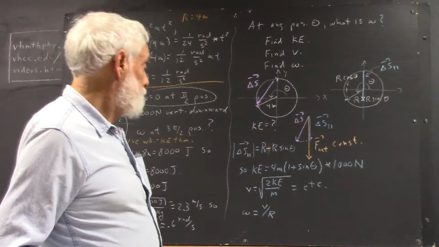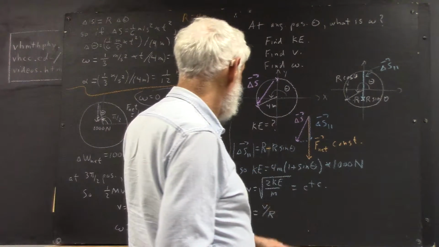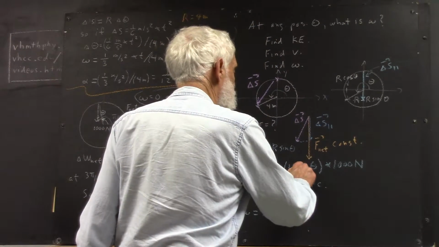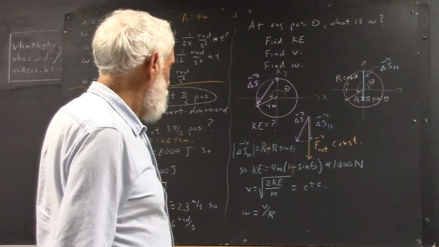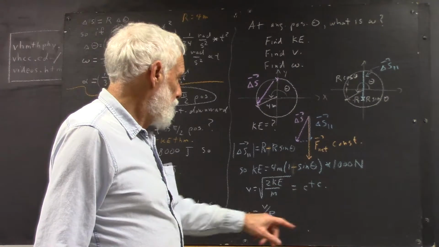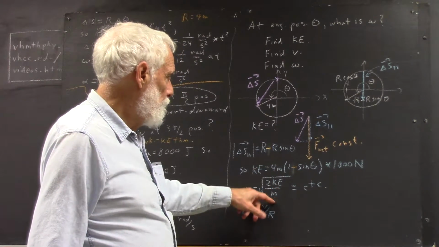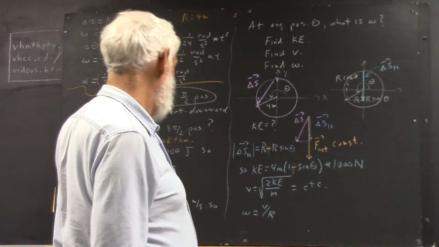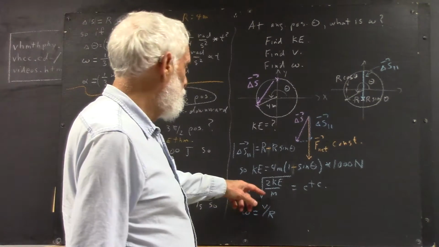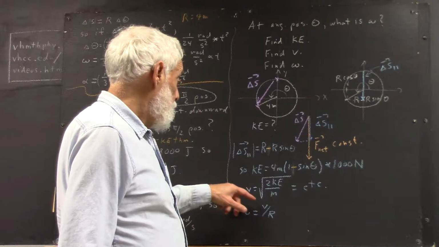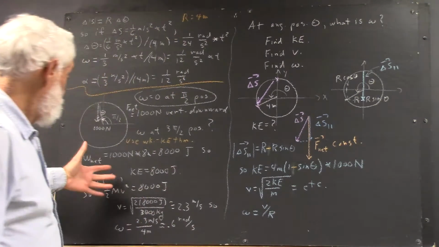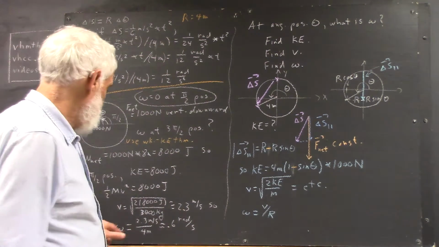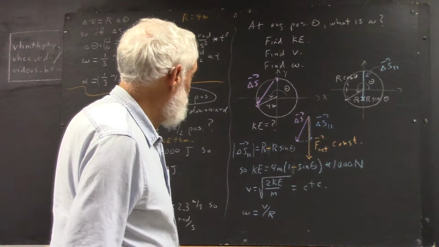Okay, well then, the kinetic energy is going to be this, 4 meters times, but it's going to be 1 minus sine theta. And then, having calculated this, your velocity is going to be the square root of 2 kinetic energy over the mass. And that's supposed to be a capital M. I guess maybe it is, but it should be. Okay, and just as we did over here, we get the velocity, and then we get omega by dividing the velocity by the radius.